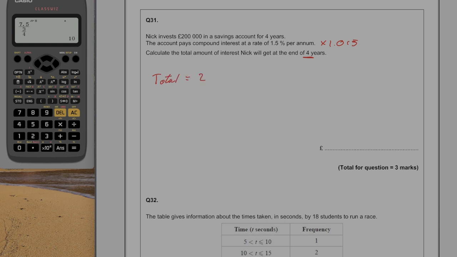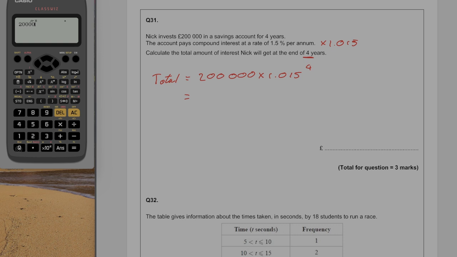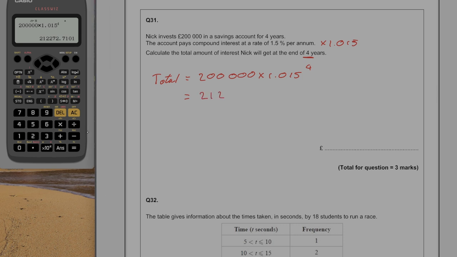So the total is going to be equal to 200,000 times 1.015 to the power of the number of years, so to the power of 4. Just double checking, I got 5 zeros there. Times by 1.015 to the power of 4. So that gives us 212.7101.